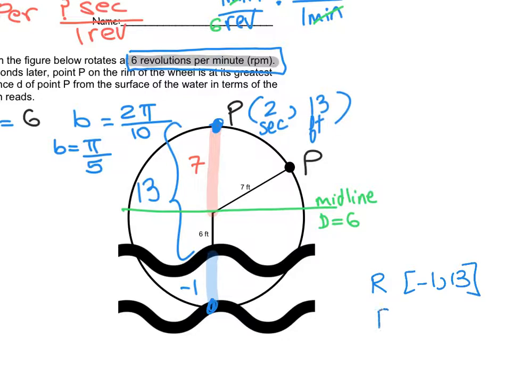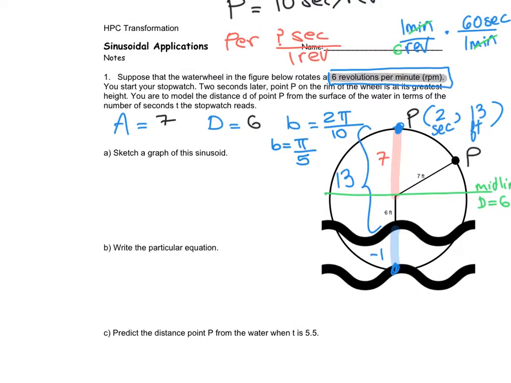The domain, as you can see, it starts from 2, because they said after 2 seconds, so that's where the maximum height is. So I'm going to start with that, because remember, I'm going to graph a cosine graph, and you always start with the highest point, and that's 2 seconds. It reaches the highest point. And since the period is 10, so 2 plus 10 is 12. So the domain is going to be from 2 to 12. So that's going to help me sketch a clearer graph.